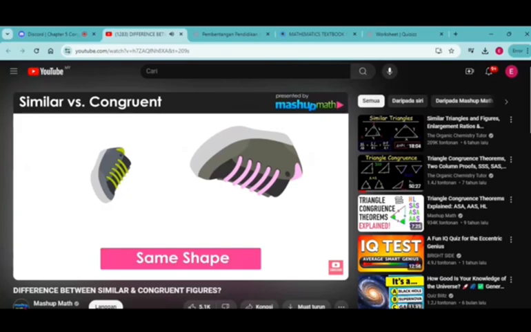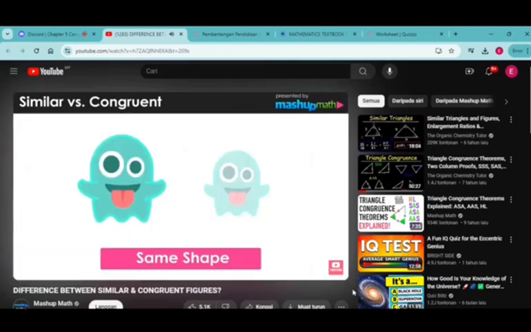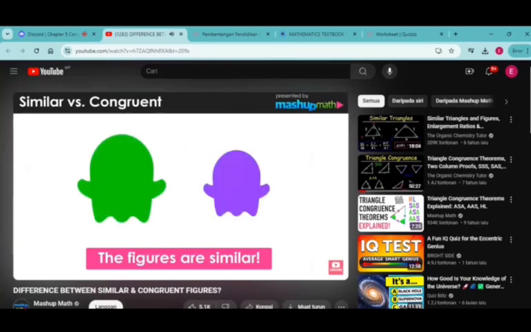So here's another example of two similar figures. The two ghosts are different sizes, but they have the same shape. Even if one is facing a different direction than the other, they still have the same shape, therefore they are still similar. Now, when we say the same shape, we have to be specific in that the two figures are proportional to each other.